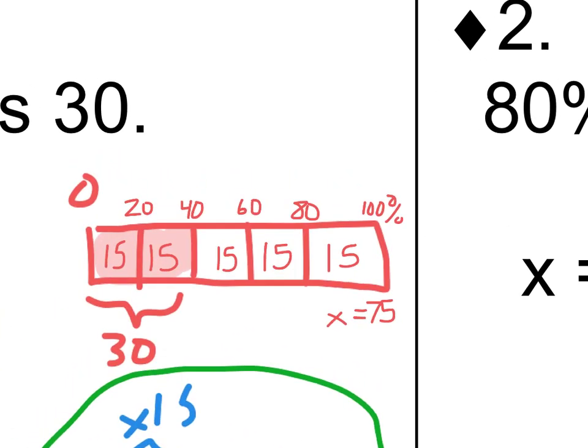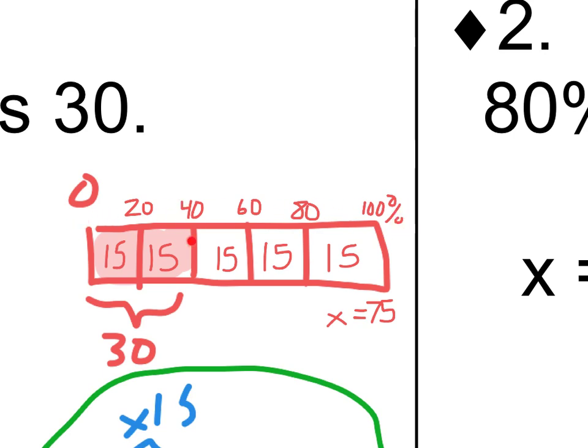Remember, what you can do is, again, you'll see 5 pieces. 1, 2, 3, 4, 5. Because 100%, if I break it up into 20s, 5 equal pieces of 20, I can have 20, 40, 60, 80, 100. All right, so then the top section represents my percentage.